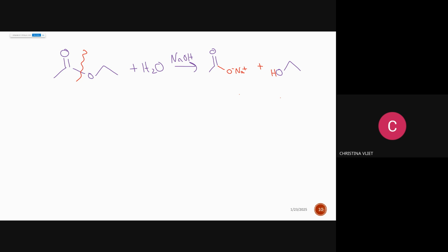Next one. This one I said I'm not going to do skeletal, I'll do this one structural. So CH3CH2CO, and let's switch it up a notch, NHCH3.